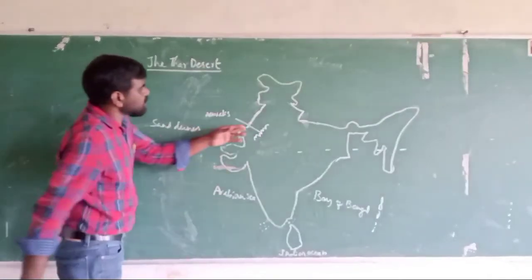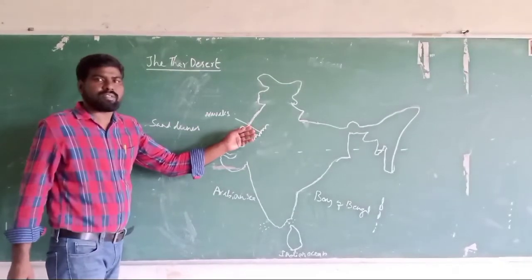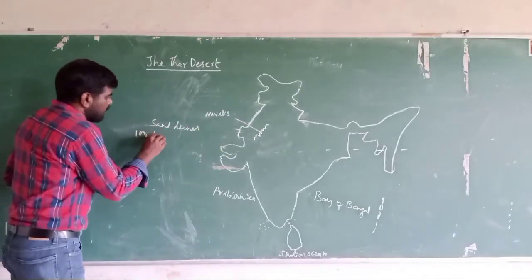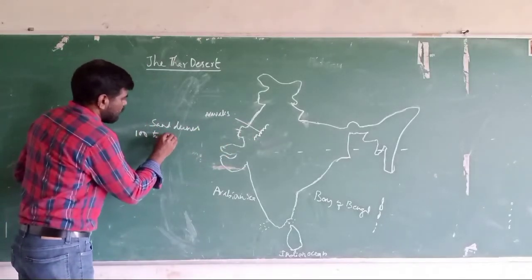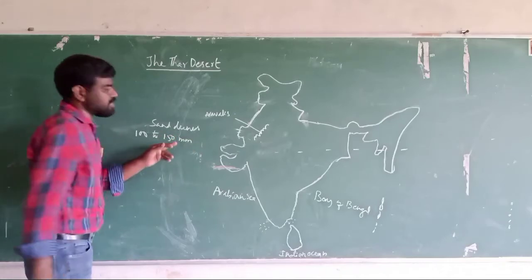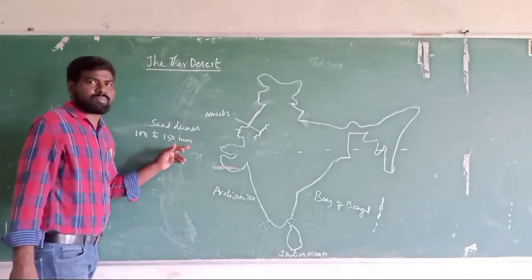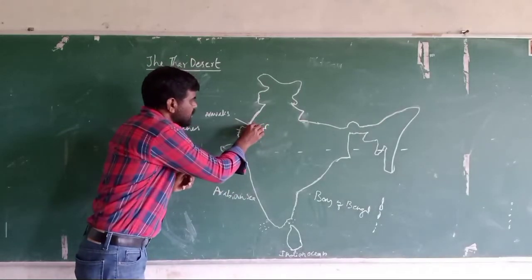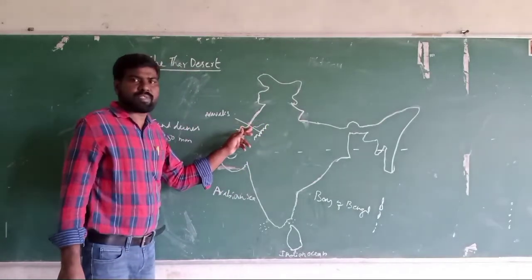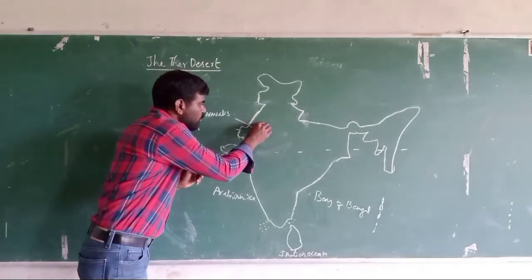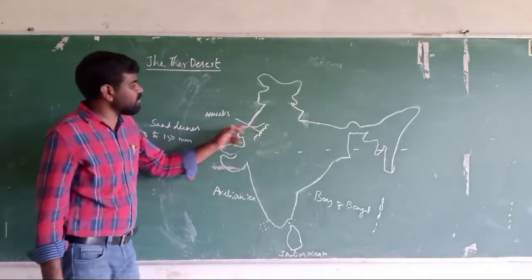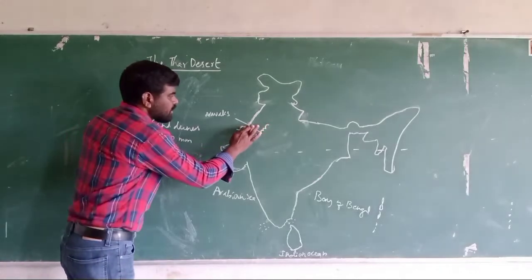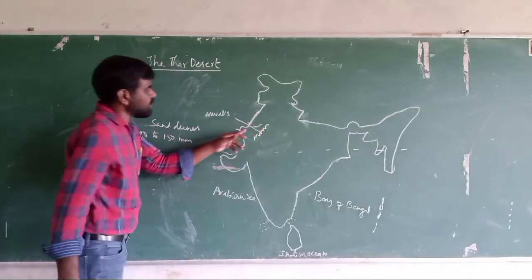The rainfall in this desert is very low, ranging from 100 to 150 millimeters. Temporary streams appear; they flow during rainfall and disappear immediately after the rain.